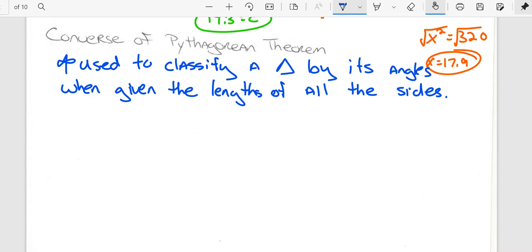Now, that probably doesn't make any sense to you because it does seem like it's backwards. So, for example, if I told you that a triangle had these sides, 10, 6, and 7, hopefully, no one would have a problem classifying this triangle by its sides.